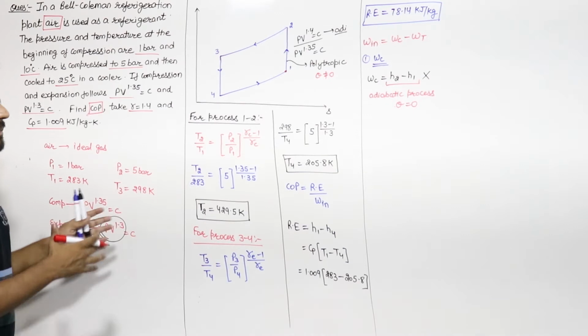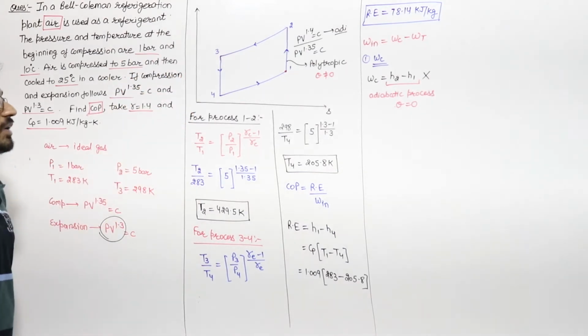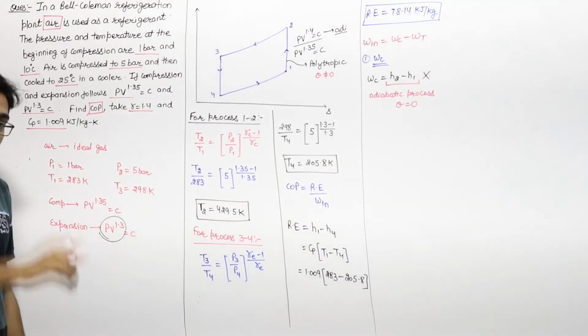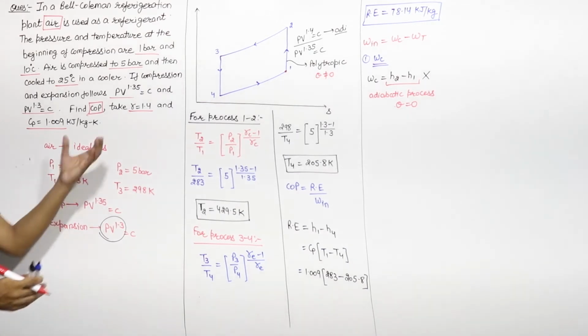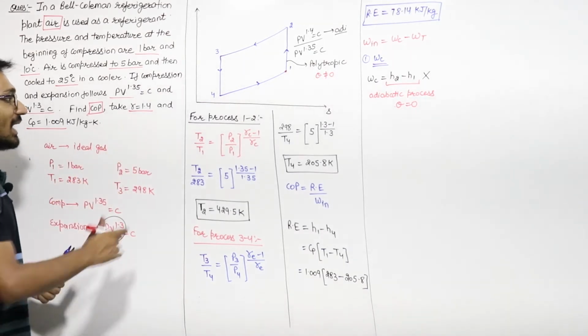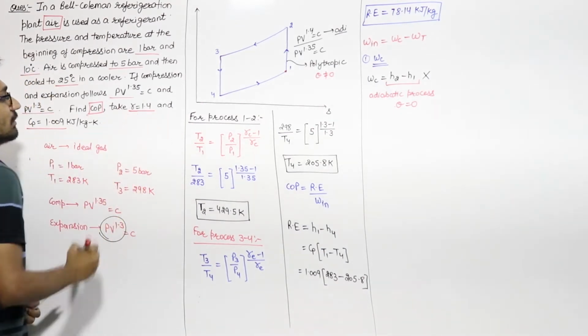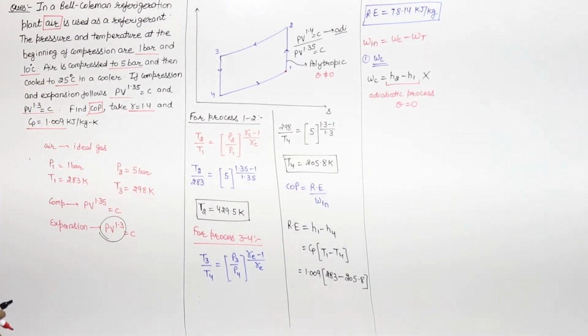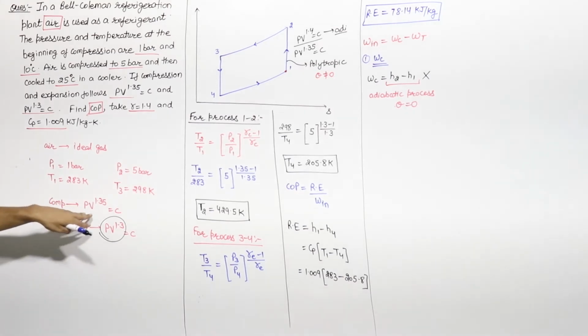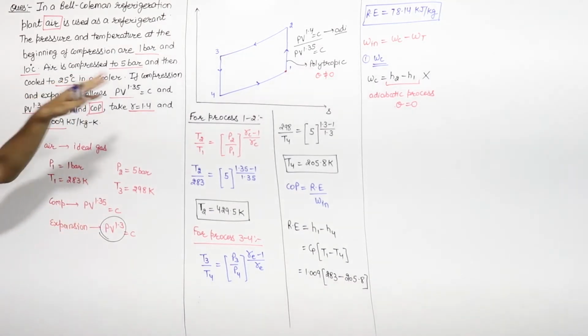But the process in this question is not adiabatic, because if it were adiabatic, then gamma must be 1.4. It is given that gamma is the adiabatic constant for air, 1.4, but it is following PV raised to power 1.35 is equal to constant. So this is not an adiabatic process.